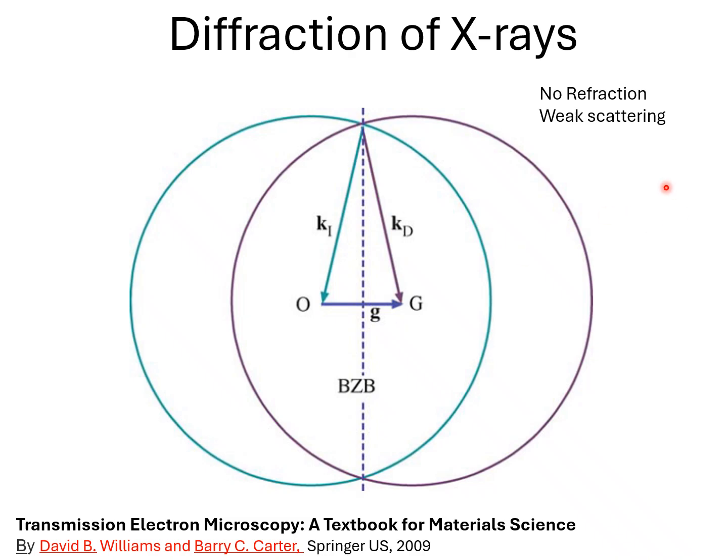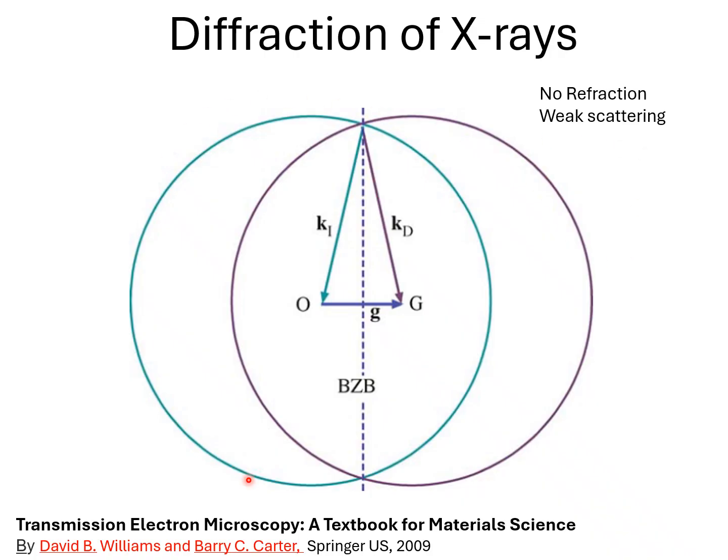So in a non-dispersive medium, or if we're thinking about kinematical electron diffraction, we don't consider the formation of any of these refracted waves. There's no refraction and weak scattering.